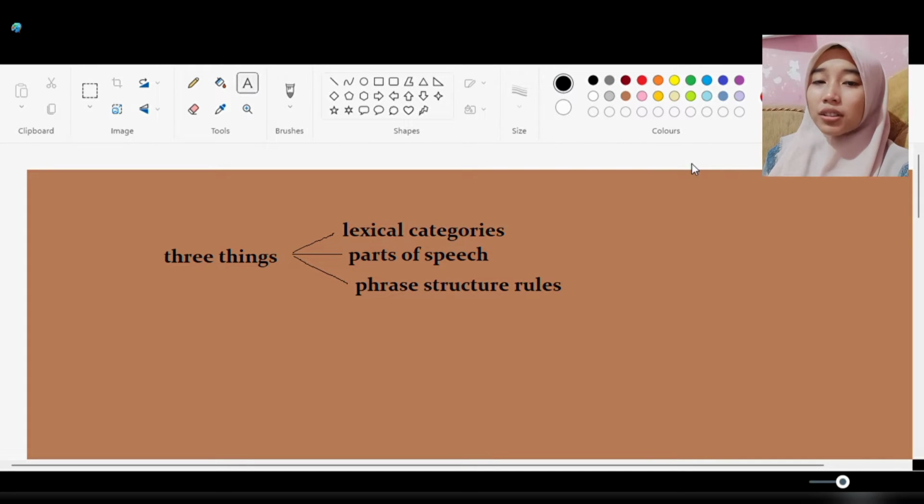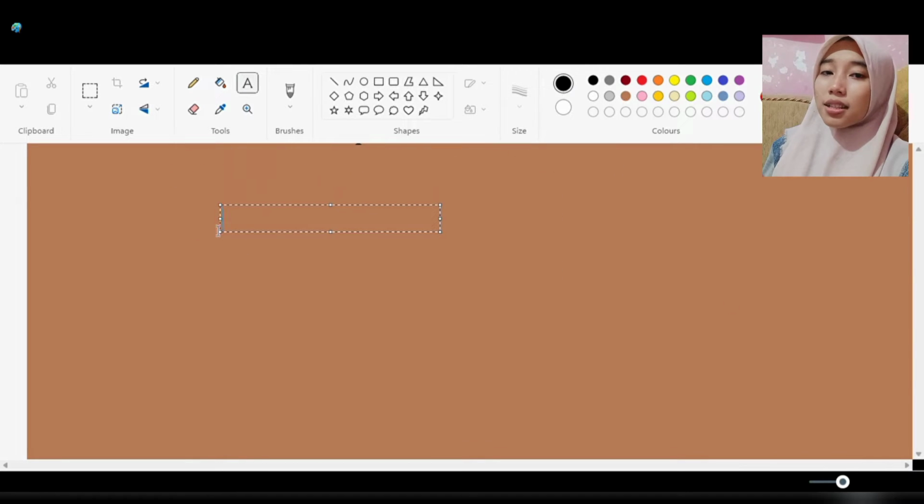Anyway, when we are talking about drawing tree structures, it's really important to know these lexical categories, and you probably know most, if not all of them. But anyway, let's just briefly review what they are.